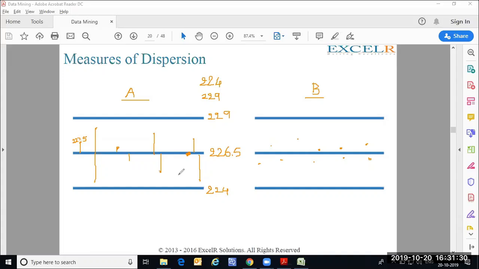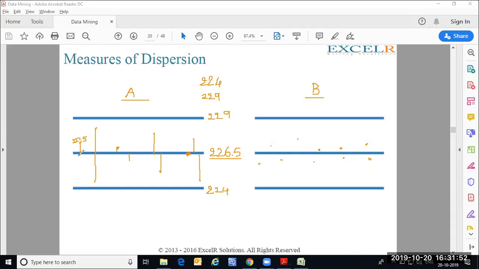Nothing but we need to calculate the distance of each of the data points towards its mean, right? The expected mean is 226.5. We calculate the distance of each data point towards its mean.